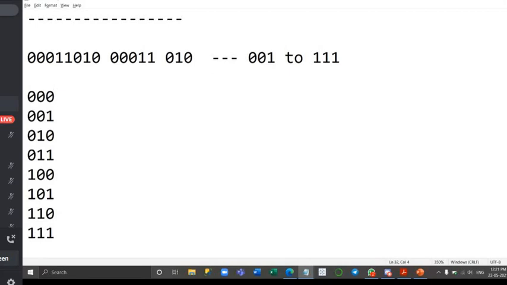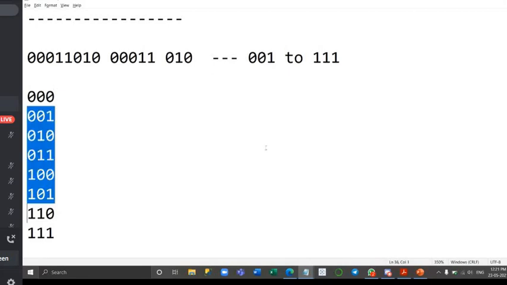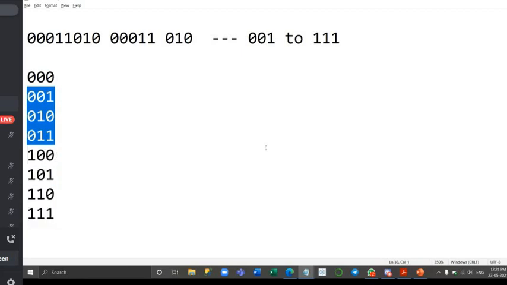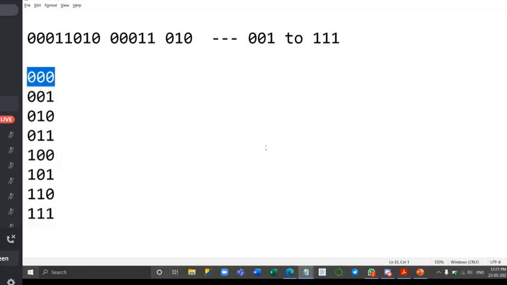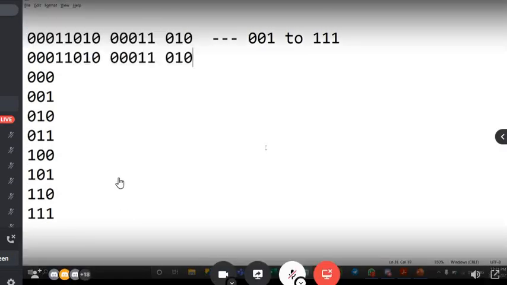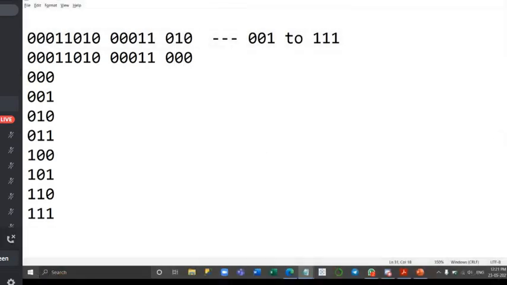So I'm not sure why he said it needs to start from 001, but what I could see is it should start from 000, because this is also a legitimate address, and it will also be stored in line number 3 itself.